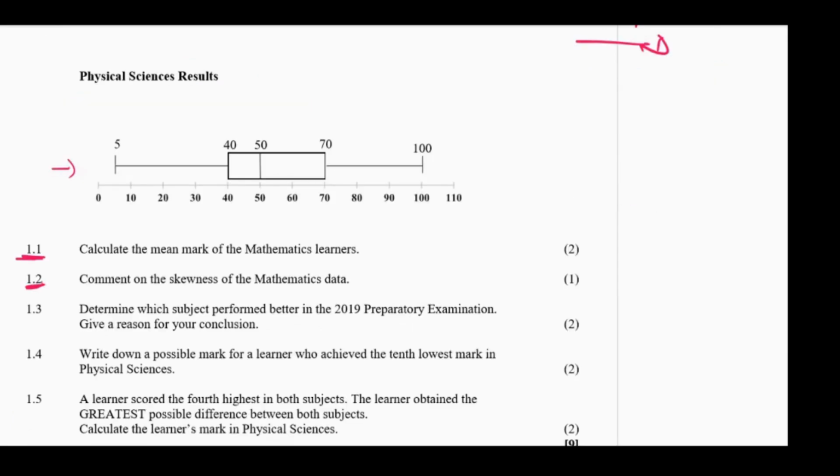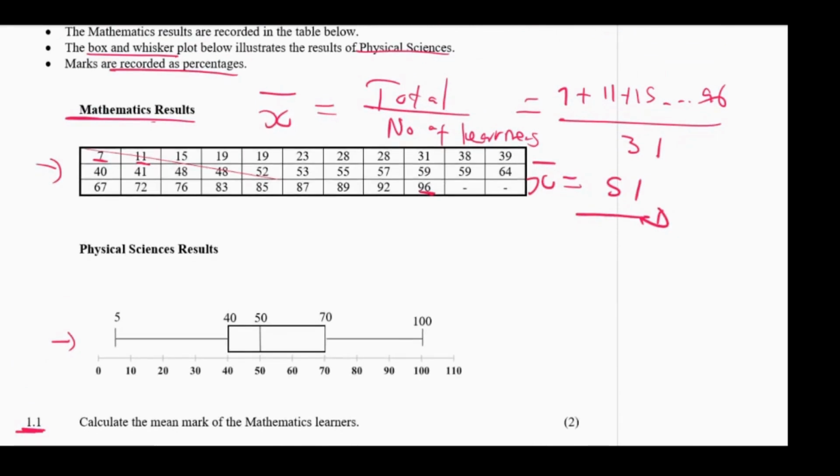Comment on the skewness of mathematics data. For the mere fact that we have a mean of 51, it tells us that most of the numbers are ranging within 51%, right?